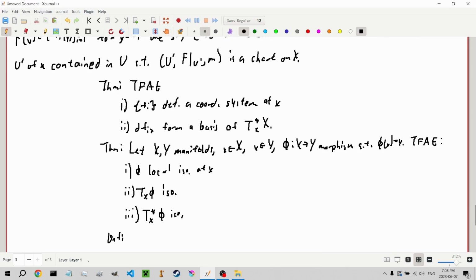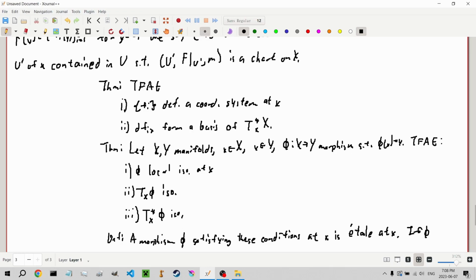And we say a morphism phi satisfying these conditions at x is said to be étale at x, I believe is how you'd say it.